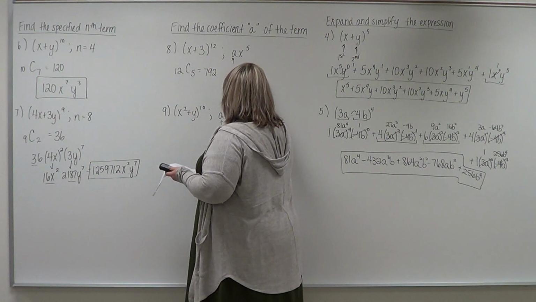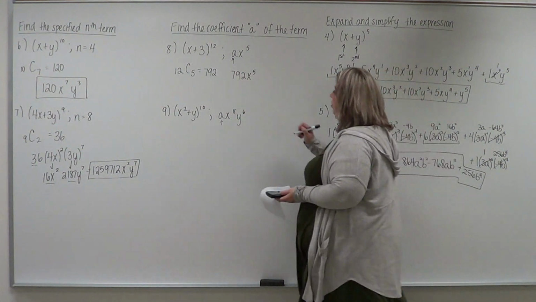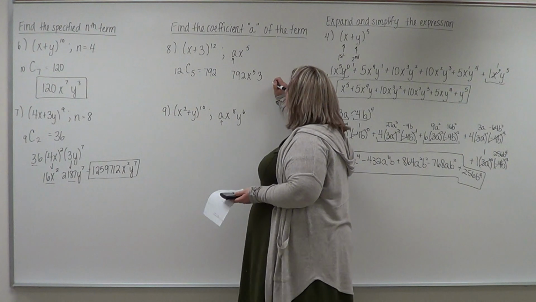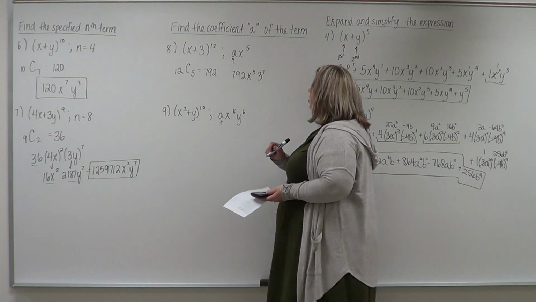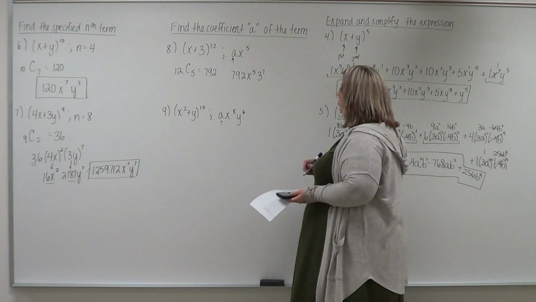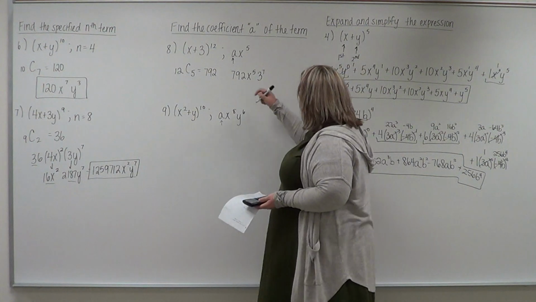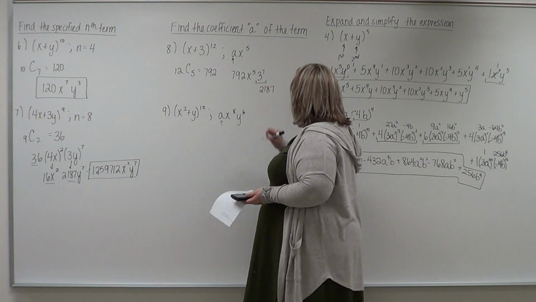My first term was x to the 5th. Okay, my second term would be 3. And that would be having to go to the 7th power because my exponents have to add up to get 12. Okay, well, we just figured out in the last problem that 3 to the 7th power was 2,187.